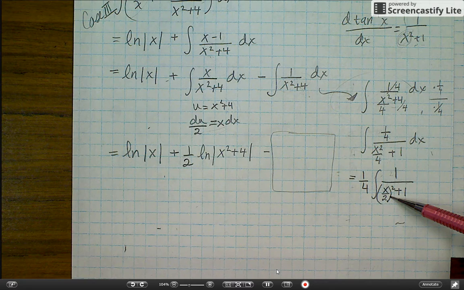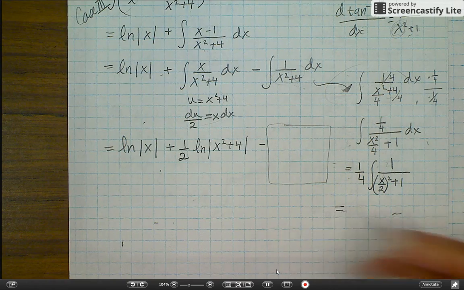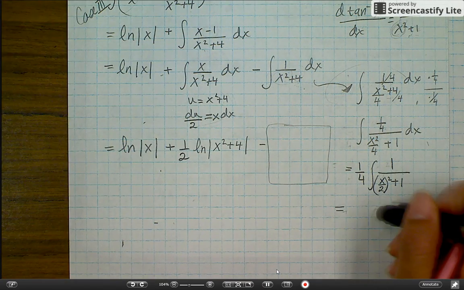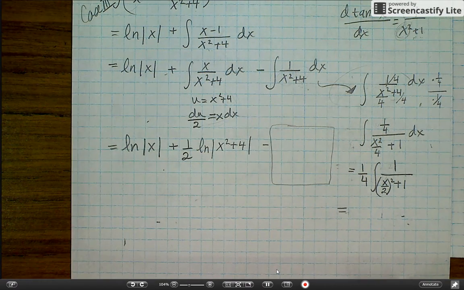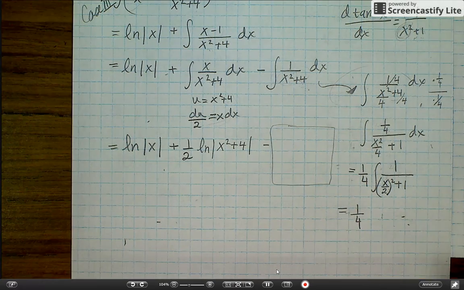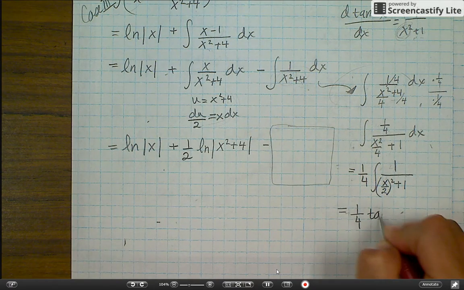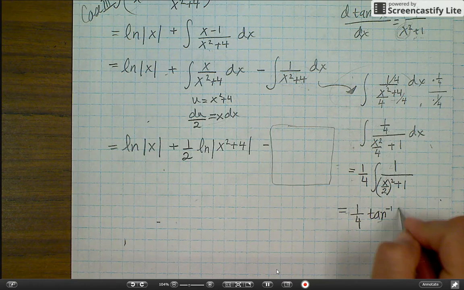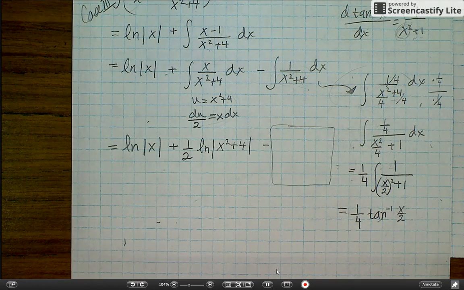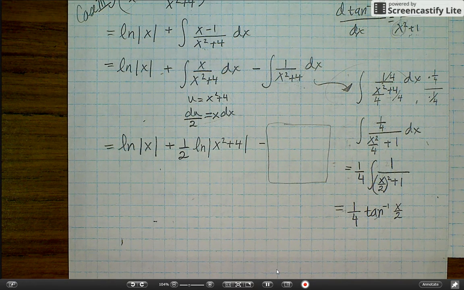Now what is being squared? This x over 2. So what is going to be the antiderivative of this? The antiderivative is going to be 1/4 tangent inverse of x over 2. But we cannot forget the chain rule.